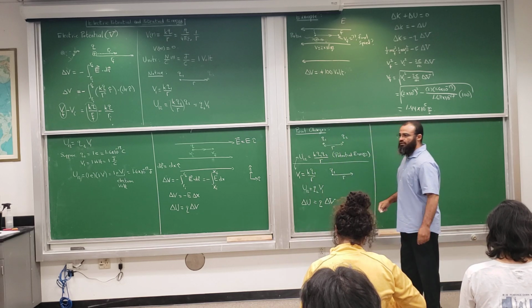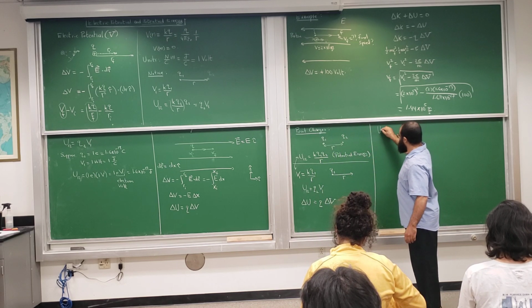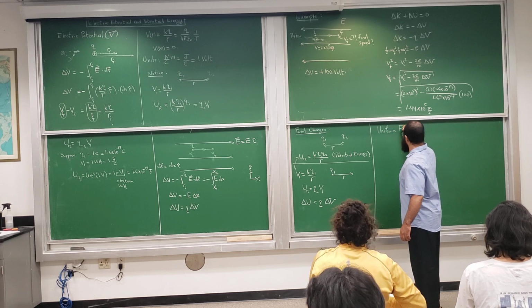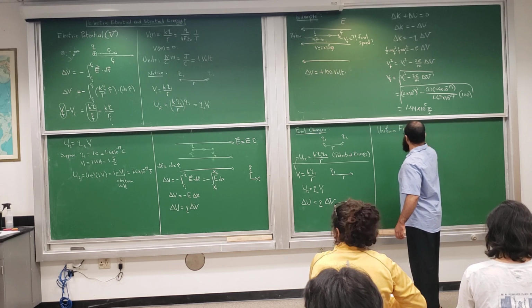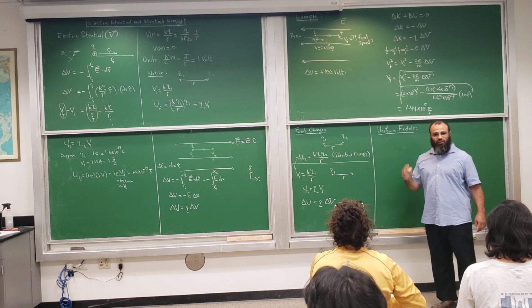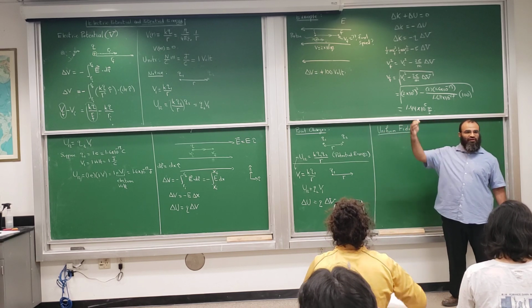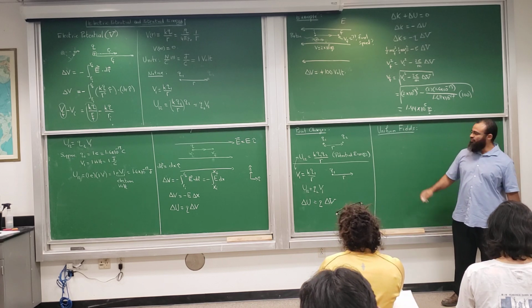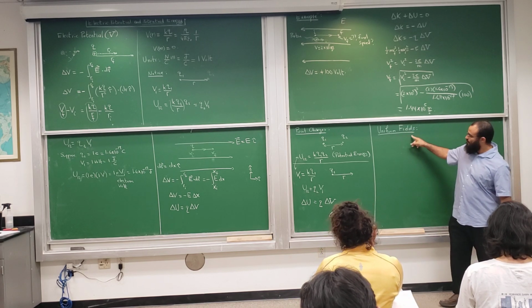That's for point charges. For uniform fields, again, how do you produce a uniform field? By one point charge? No. You need sheets of charges, right? So it's not due to one point charge, it's due to many charges.